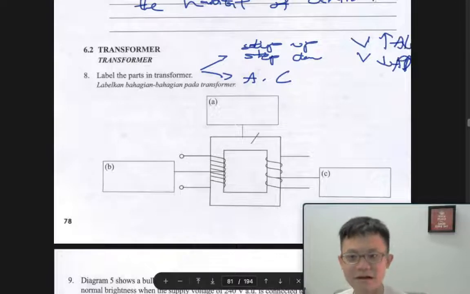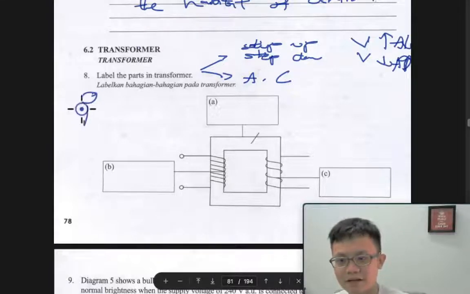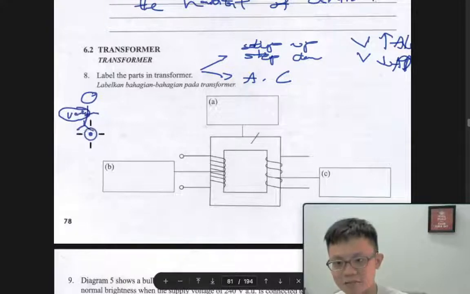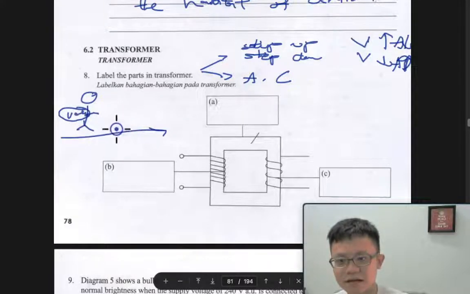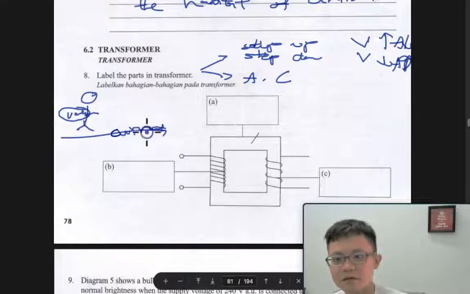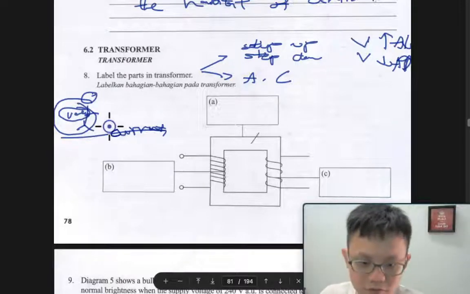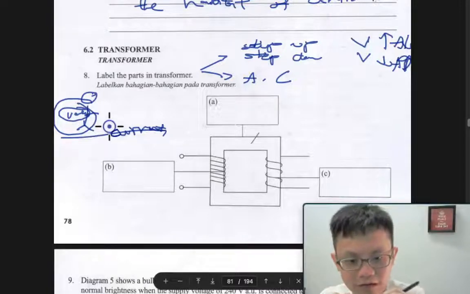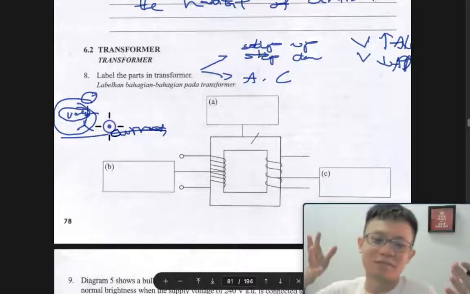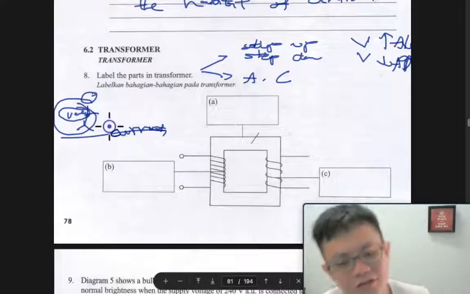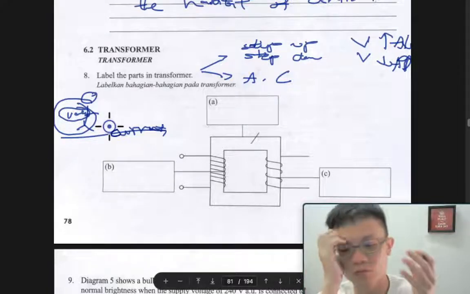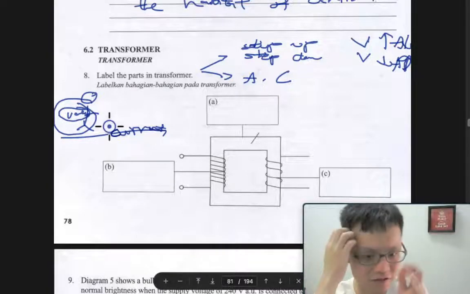Last time I already drew, the person carrying the bag is the energy, the voltage, and how fast the person wants to go is the current. So if you increase the bag very big, he will walk very slow. He will walk very slow to your house, and it is still the same thing. You still need to pay TNB. So it doesn't really matter whether you increase or decrease it.